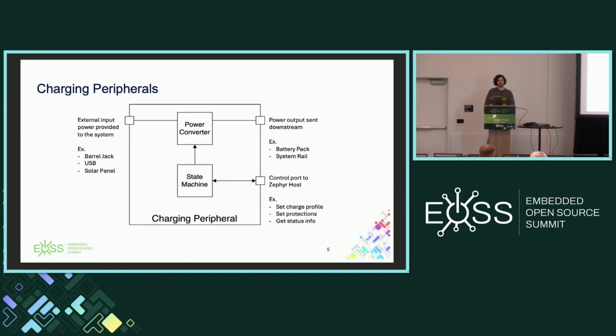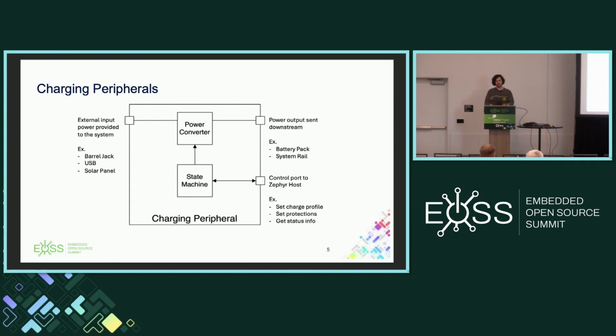That power converter is driven by a state machine that is configured via a control port by the Zephyr host. On the output of the power converter, that's the power that gets sent downstream to both our system and to the battery pack. Architecturally, sometimes these are 2 separate rails, depending on what you want your charger to do. But that's what we feed out here.